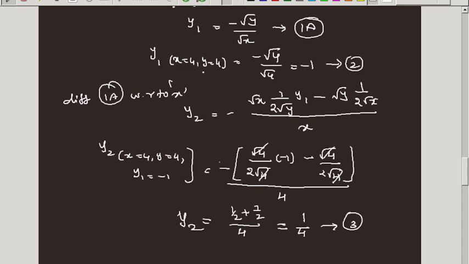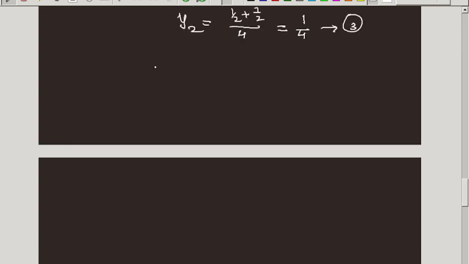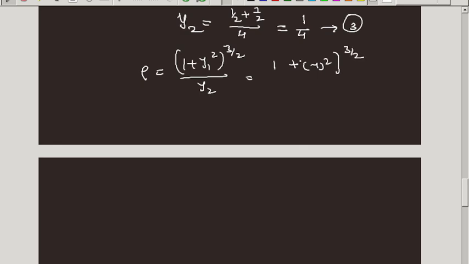So here we have y1 is minus 1 in equation number 2 and y2 equal to 1 by 4 in equation number 3. So here radius of curvature is (1 plus y1 square) power 3 by 2 dividing by y2. So here y1 is nothing but minus 1 square, power 3 by 2 dividing by y2, which is nothing but 1 by 4.